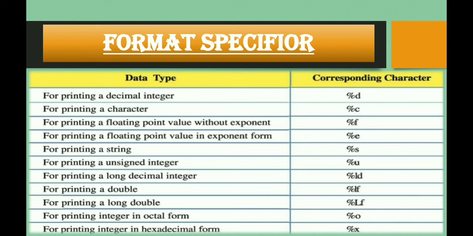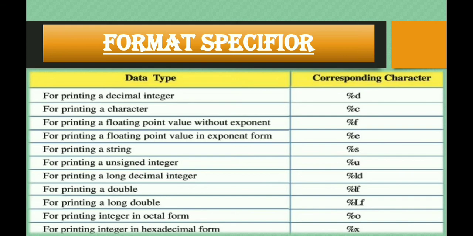To print a double, %lf. To print a long double, capital L and f. To print an integer in octal form, %o, and to print an integer in hexadecimal form, %x. So these are the data types and the corresponding characters we can use in the printf statement.